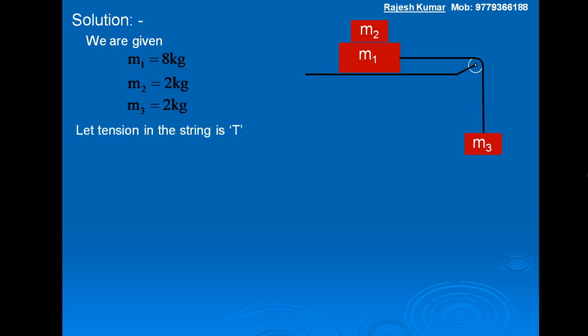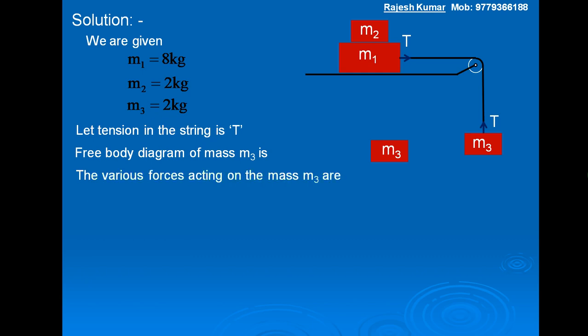Let the tension in the string be capital T. See in the diagram, tension is capital T. Free body diagram of mass m3 is, this is mass m3, and free body diagram means mark the forces acting on it.